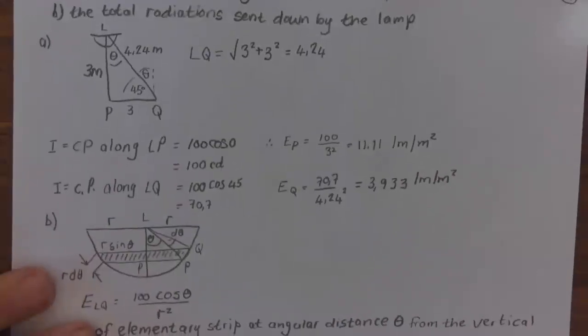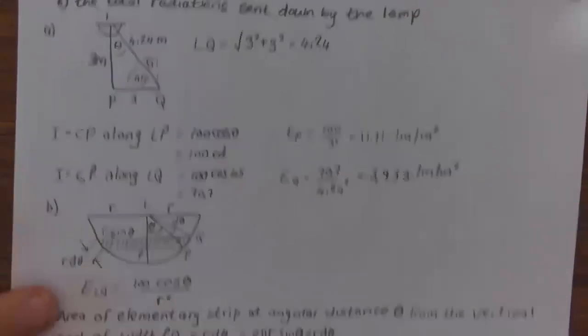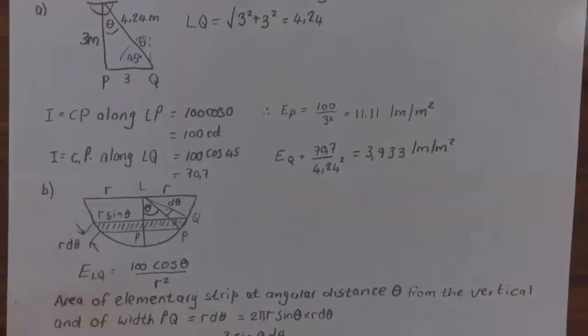Now along LQ is 100 cos of 45 because it's 3 and 3 meters, so that means it is 45 degrees, and that gives us 70.7. E at Q is then 70.7 divided by 4.24, which gives us 3.933 lumens per square meter.